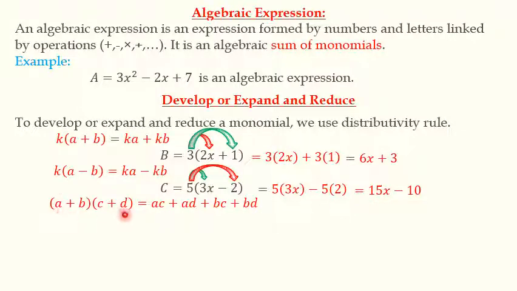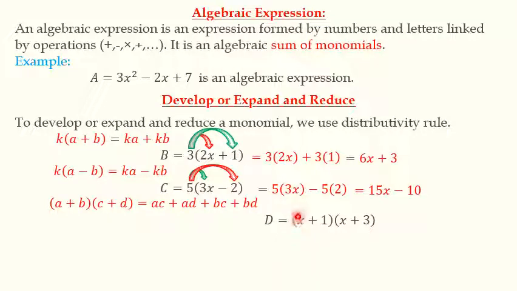Here, if I have two parentheses multiplied by each other and I have to expand them, I can say it's A times C plus A times D, or AD, plus BC plus BD. Okay? Here, for example, I can say x plus 1 into x plus 3 using the distributive property.